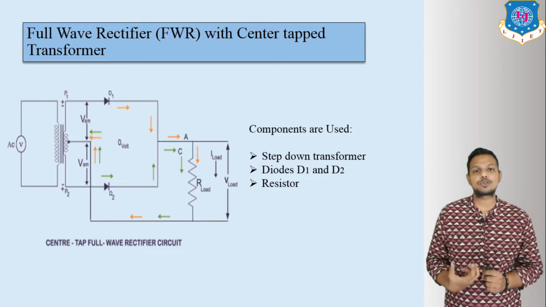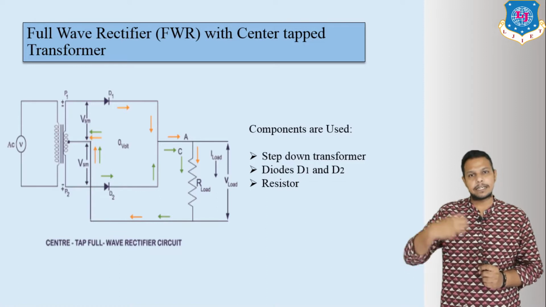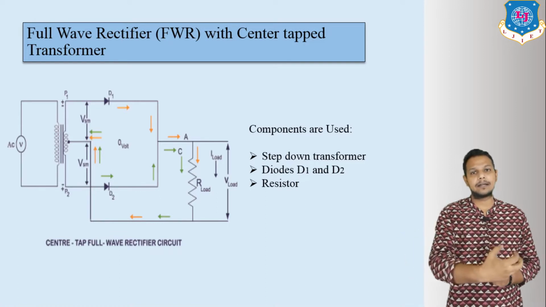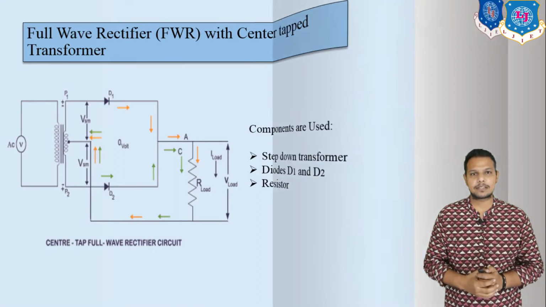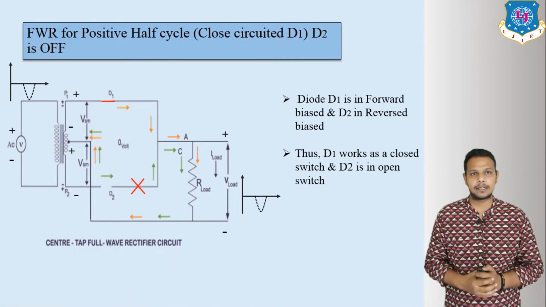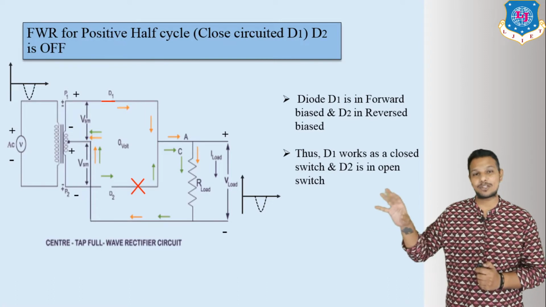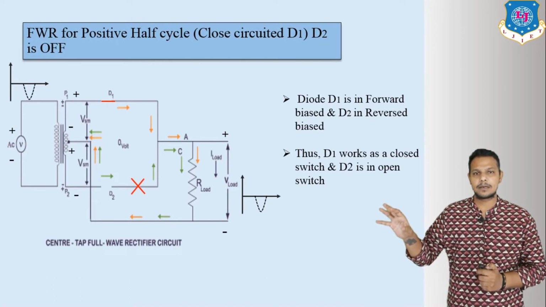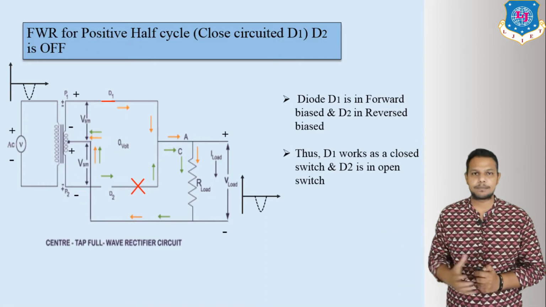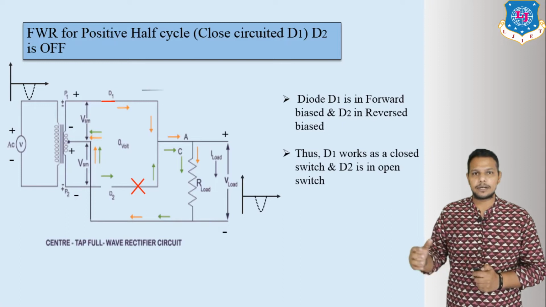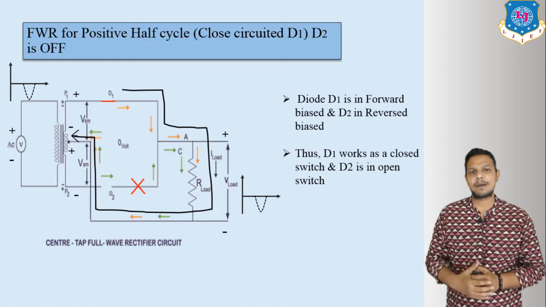We have to conclude what we will get at the output side if we enter a positive waveform at the input side. Let us discuss the first positive half cycle. In this circuit diagram, if we apply the positive half cycle, that means plus above and minus below, current flows in this manner.